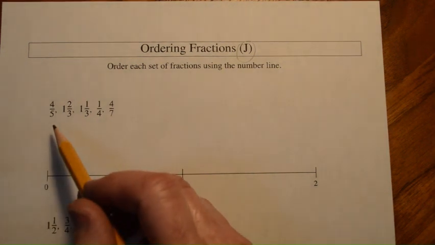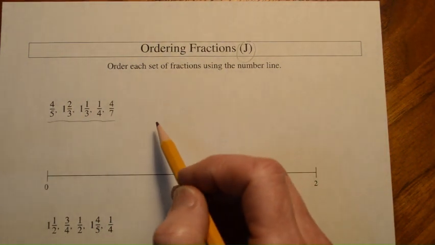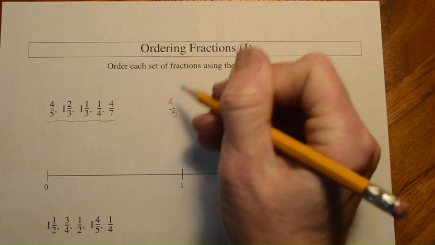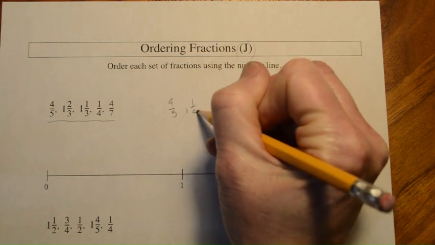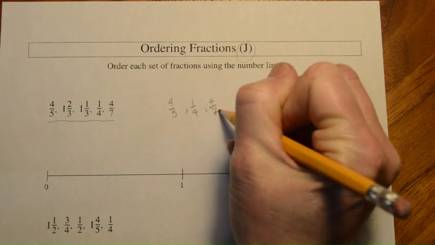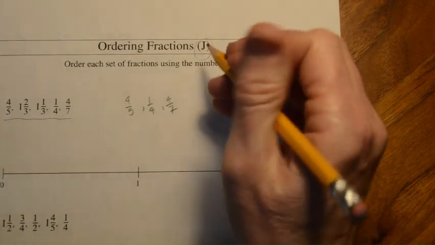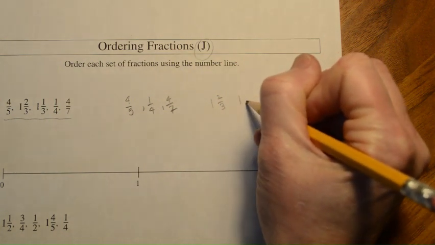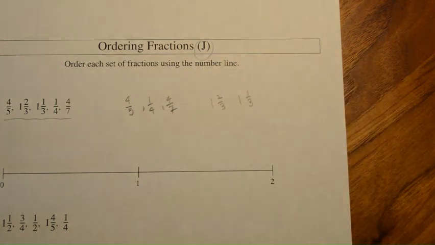So if we look at the list that we have right here, we can separate them into two groups. We've got ones that are not greater than 1, like 4/5, 1/4, and 4/7. And then we have ones that are greater than 1, like 1 and 2/3, and 1 and 1/3, right? And then within those two groups, we can organize them by size.